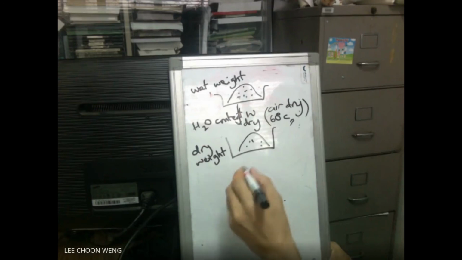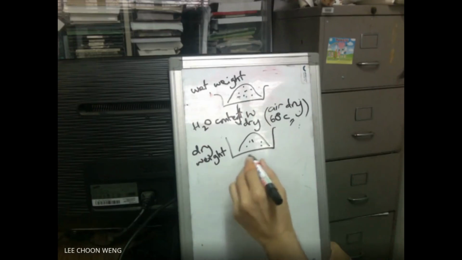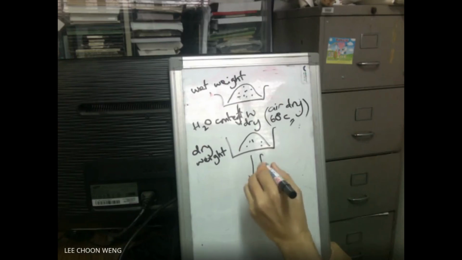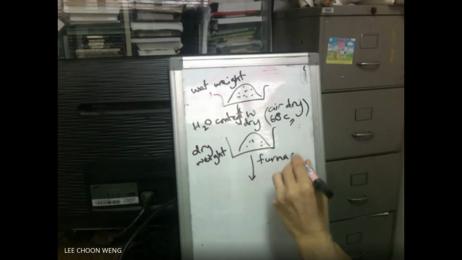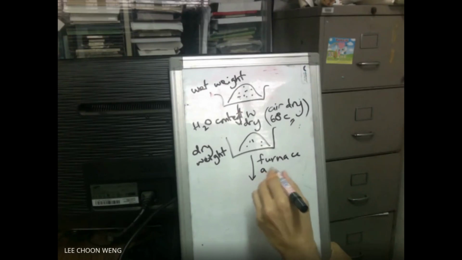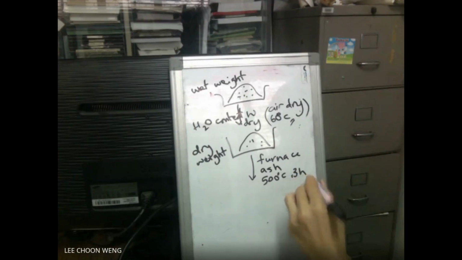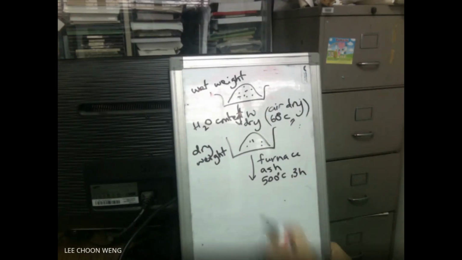So of course, next you will place it in a furnace where you ash it. Usually this is about 500 degrees Celsius for 3 hours, roughly. We say ashing it because whatever remains are the ashes.